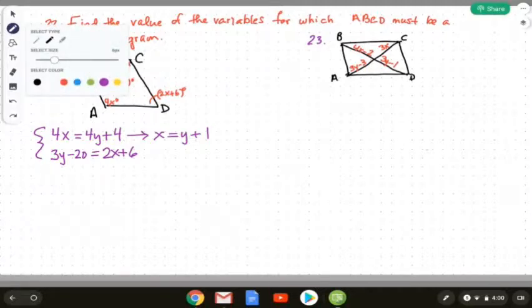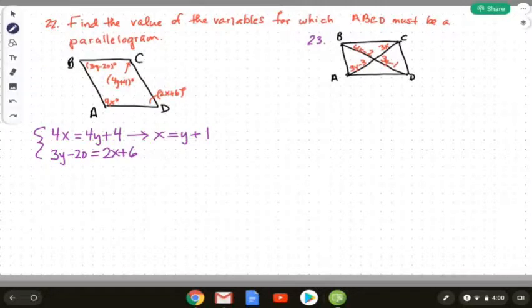Change color so it's more visible. So I'll have 3y minus 20 equals 2 times y plus 1 plus 6. So I'm just substituting in y plus 1 where there's an x. And then I'll solve this.